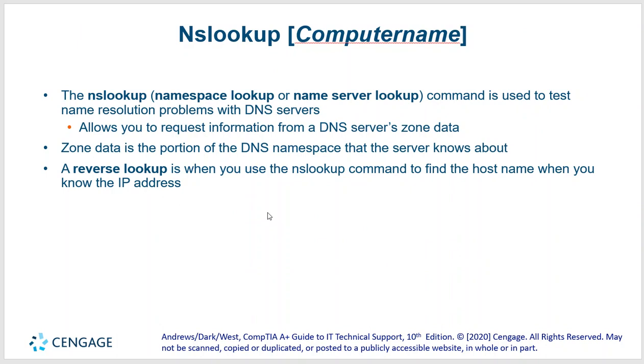All right, so NSLookup, name server lookup, allows you to request information from the DNS server. Reverse lookup is when you use the NSLookup command to find the host name when you already know the IP address.